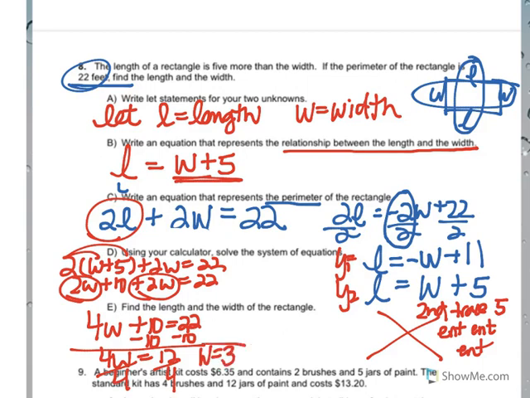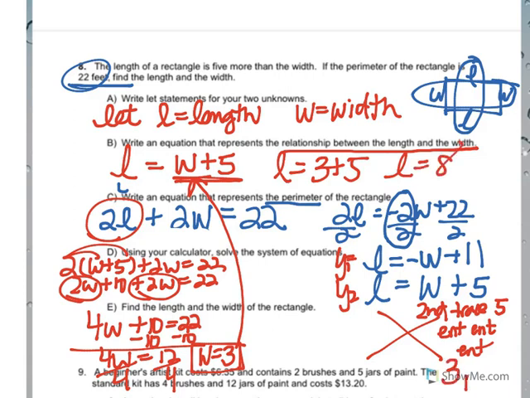And so now, since I know that W equals 3, I'm going to put that in that equation right there. And so we're going to say L is equal to 3 plus 5. So L equals 8, which is the same thing you got when you did it on your calculator. You got 3 and you got 5.